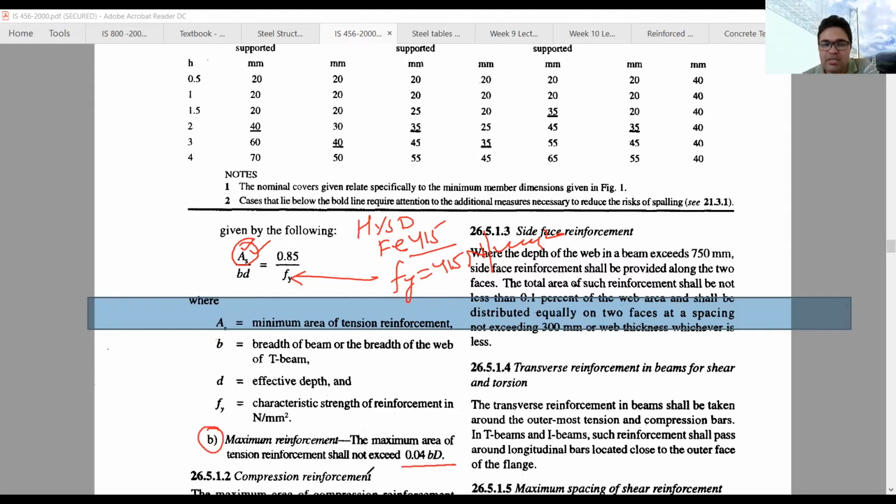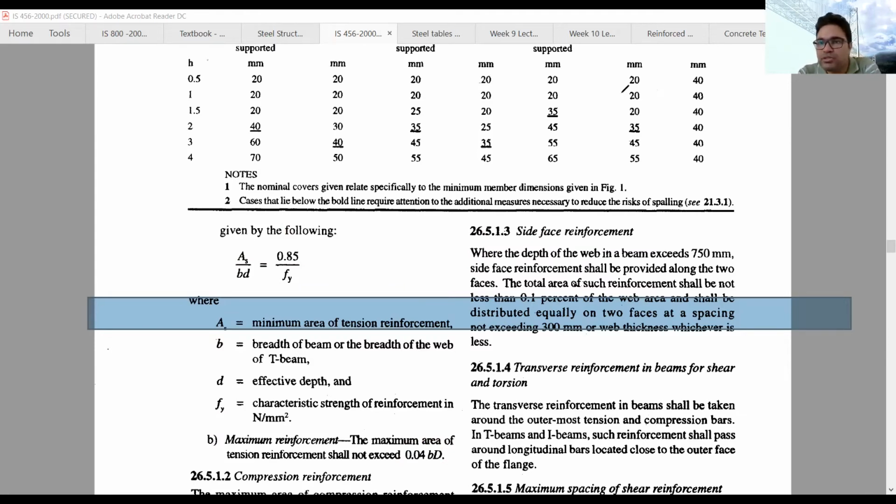So the maximum reinforcement should not exceed 4% of the total cross sectional area of the beam. This is what the IS code says. So our area of steel should be more than AS and less than this value. If it is lying in between, then we can say that the area of steel calculated is safe. Otherwise, we have to change the value accordingly.